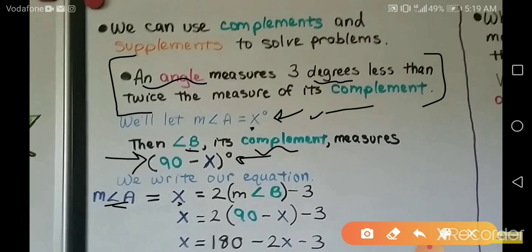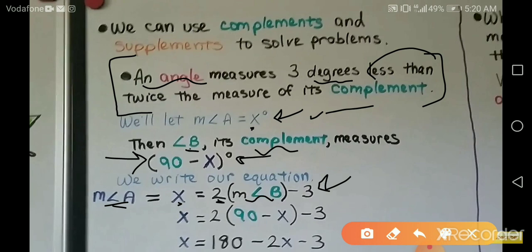Complement means B. Twice means 2 times, very easy. Less than means plus or minus, of course minus. How many less than? 3 degrees, so minus 3. So 2 times measure B, less 3.